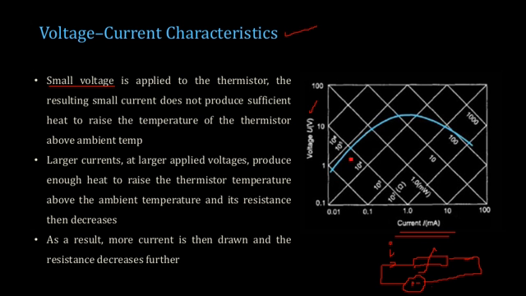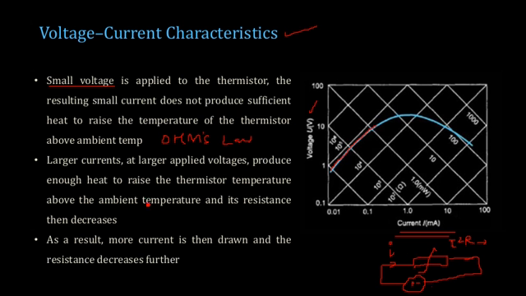So you can see that initially your voltage is proportional to current, and it follows a linear relationship, following Ohm's law, V is equal to IR. And as the current increases with the increase in applied voltage, the heating effect increases. That is, you will have I squared R losses in this particular resistor, and it starts dissipating, or heating up.